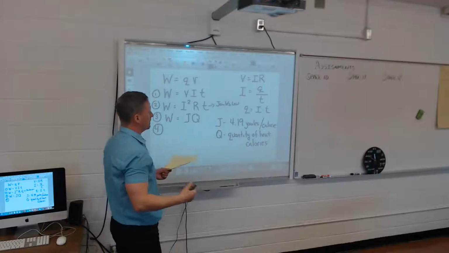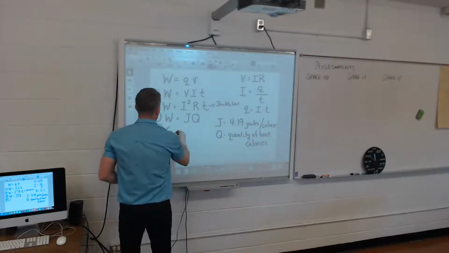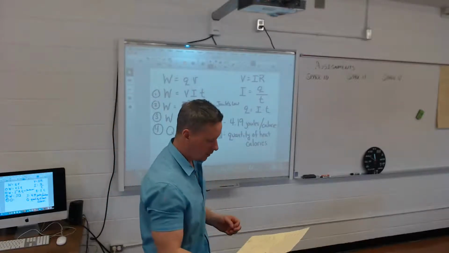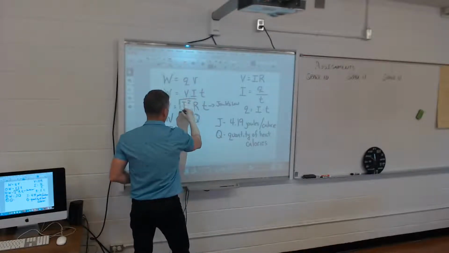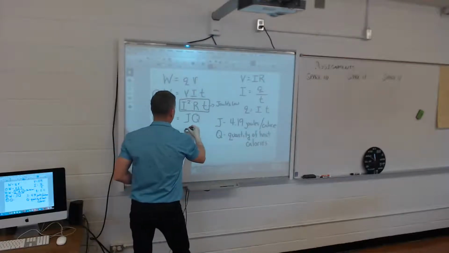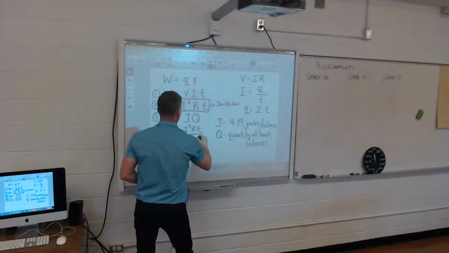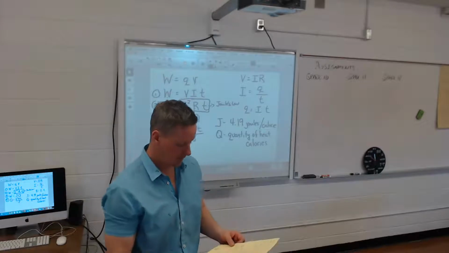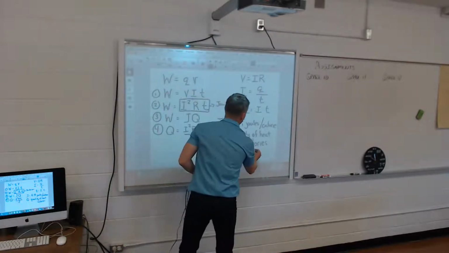When we do it within the electric circuit, we work with work and Joule's constant, or we can use this part of Joule's law, and we get I squared RT over J. And that Q measurement is in calories.